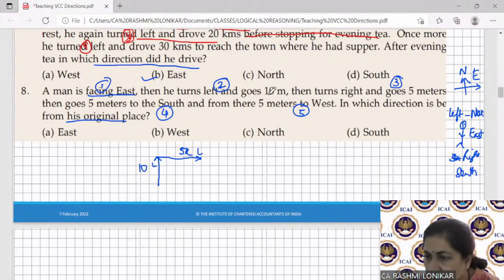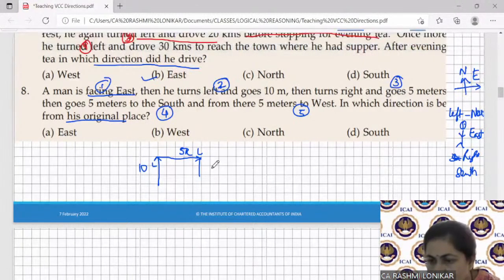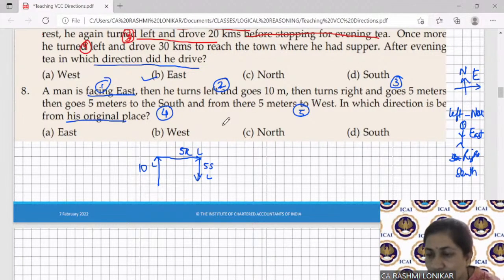Then he goes 5 meters to the south. So he's moving to the south. Now where is his left? This is his left. And from there, 5 meters to the west, 5 meters to the left.